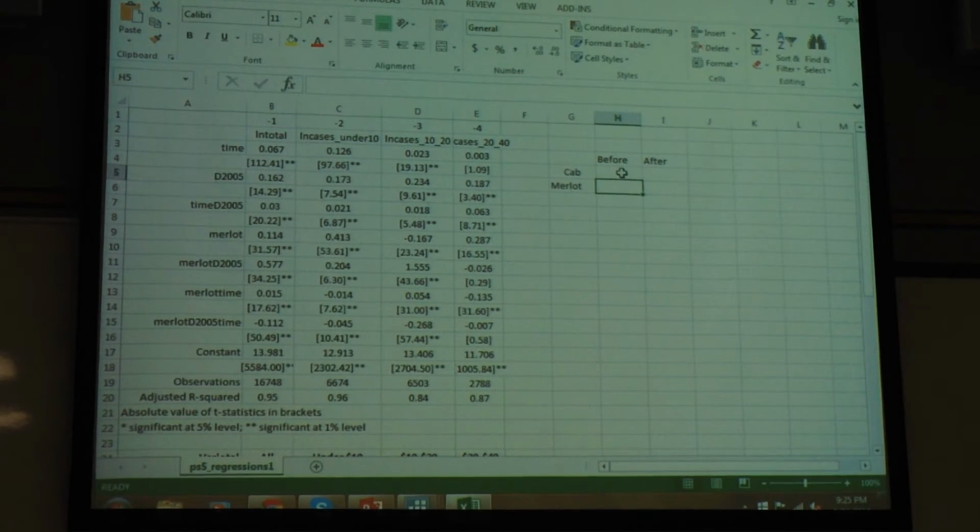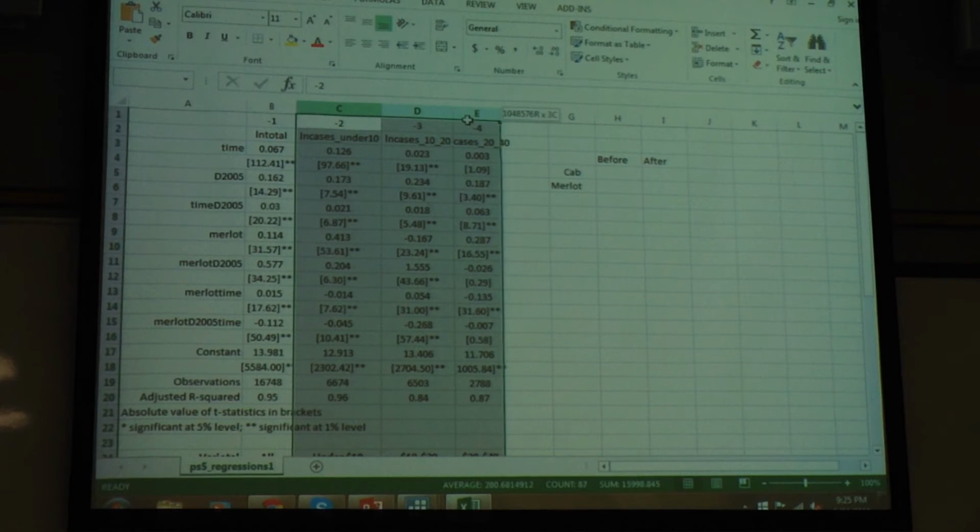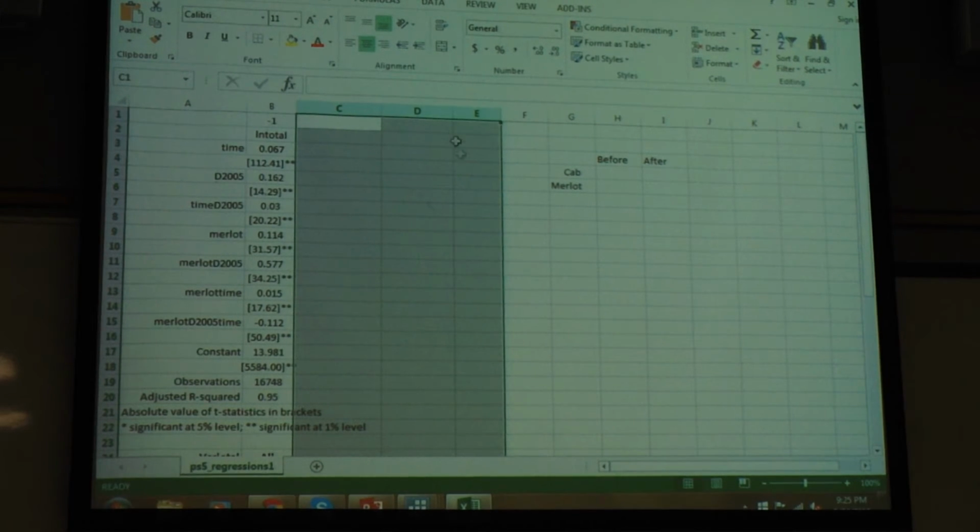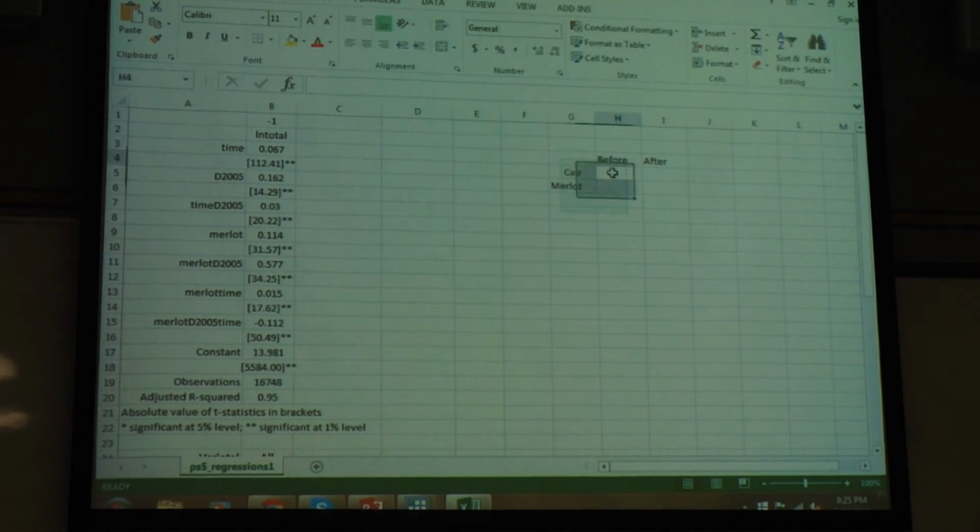And let's start with the one that zeroes out everything, which is not bad. What is the growth rate of Cabernet Sauvignon before the treatment? Just get rid of all the superfluous stuff. What is the growth rate of Cab before the treatment? 0.067? Correct. It's the coefficient on time.